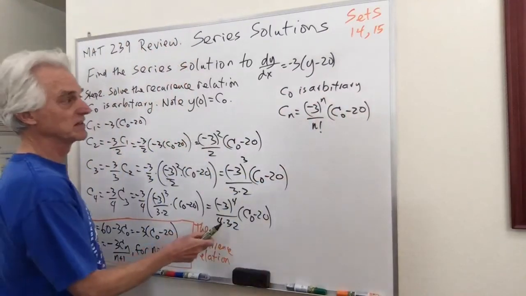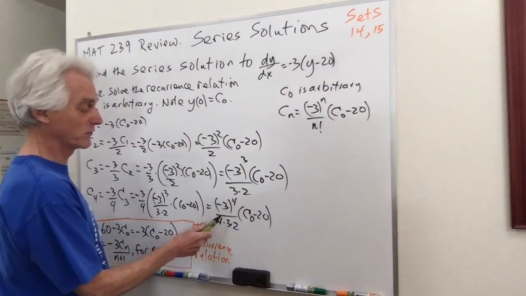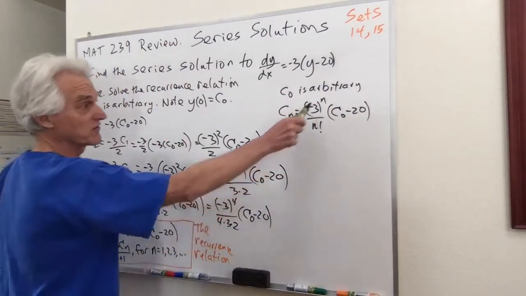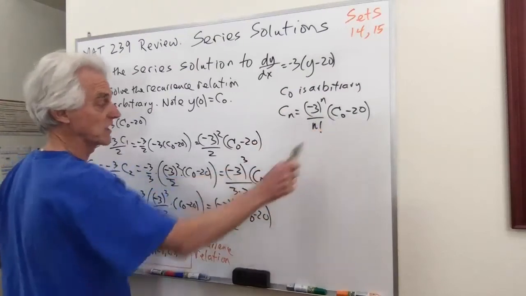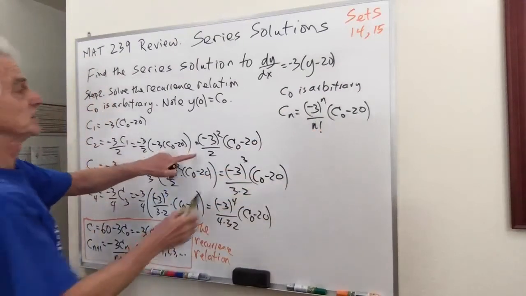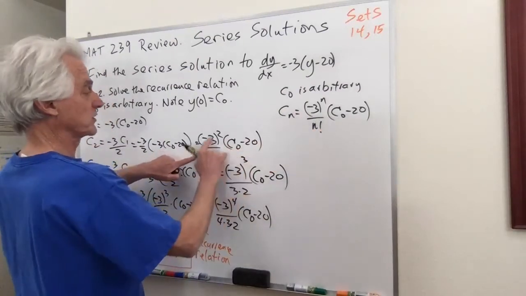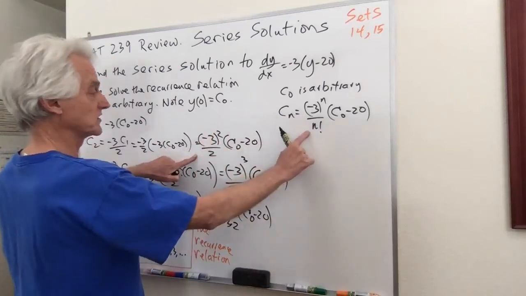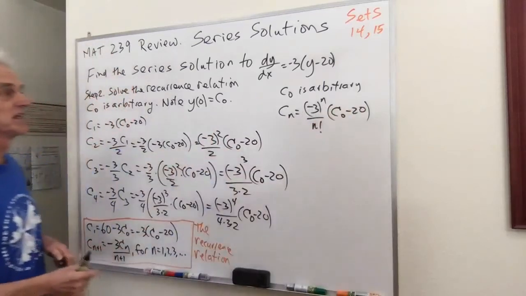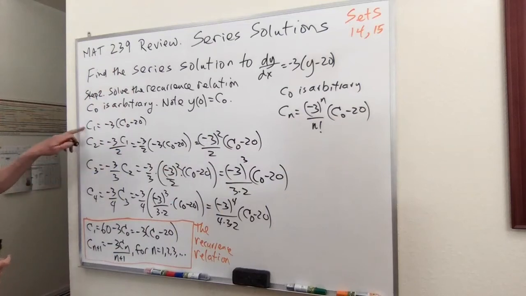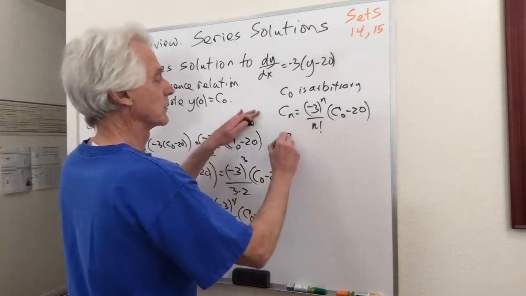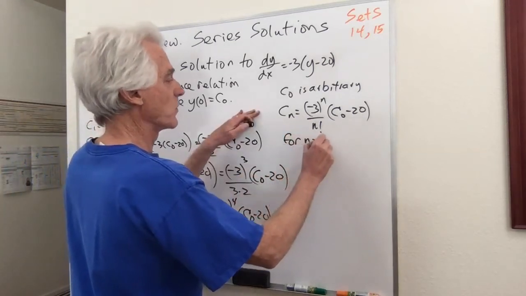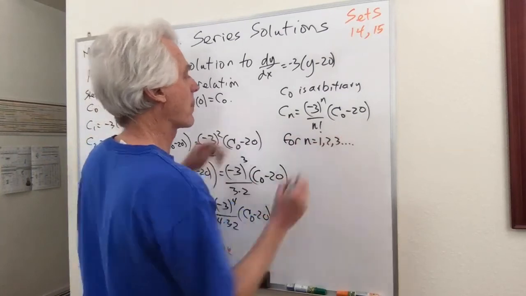It's easier to see with things like 4. C sub 4 is minus 3 to the 4 over 4 factorial times C0 minus 20. C2 is minus 3 squared over 2 factorial, which is 2, times C0 minus 20. And it even works for C1, right? This works for n is 1, 2, 3, dot, dot, dot.